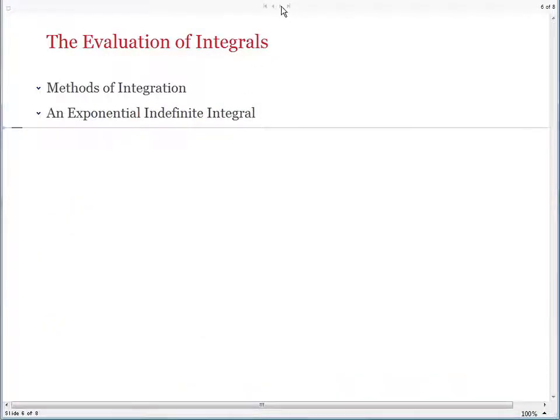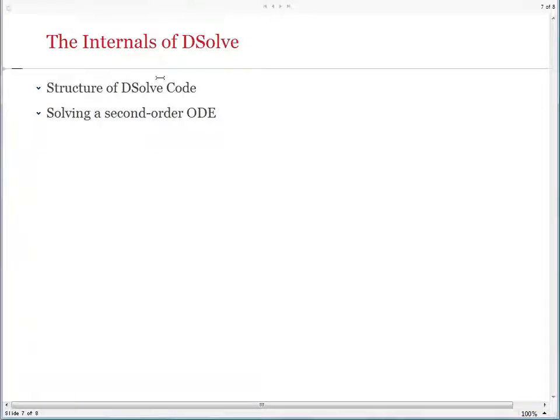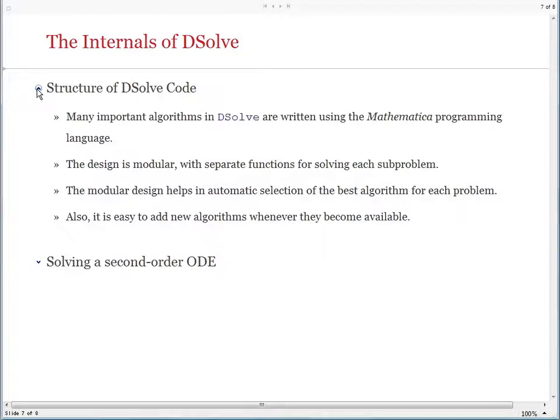Okay, now let's go on to the internals of DSolve. Now DSolve is a very modern function since it was completely rewritten a few years ago, and in fact many important algorithms in DSolve are written using the Mathematica programming language. So DSolve code looks somewhat similar to code that you might write yourself, except that there are many more sophisticated algorithms as part of the built-in functionality.